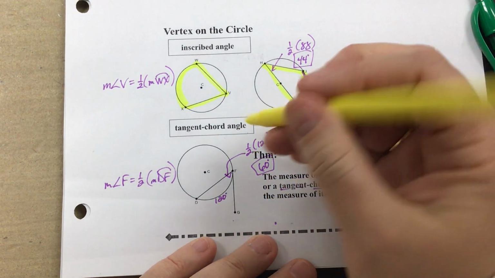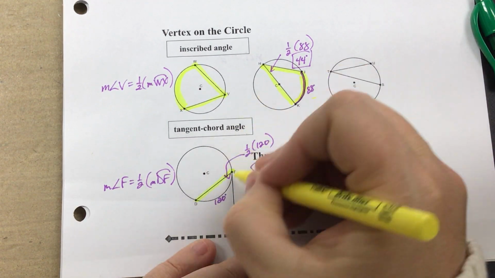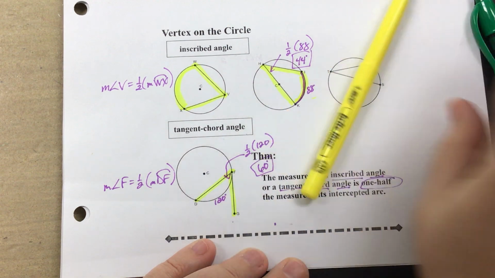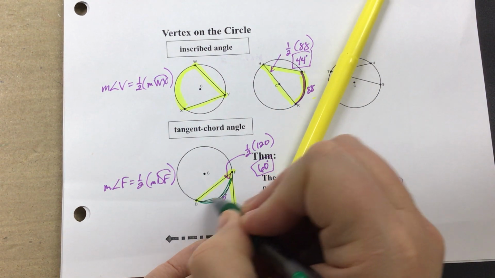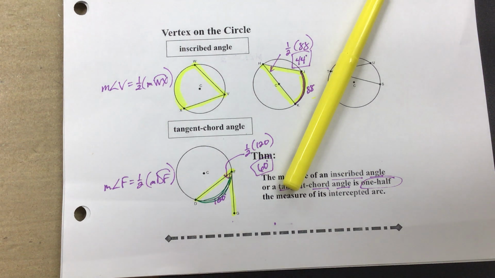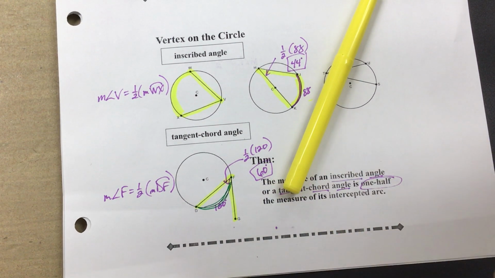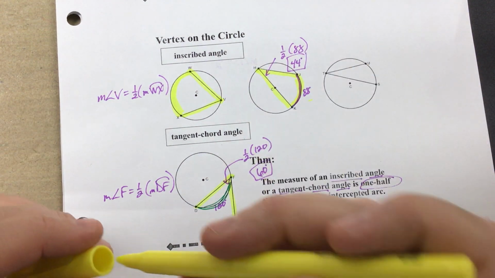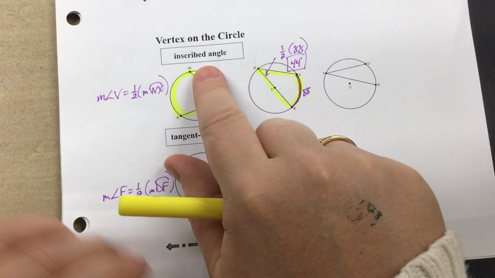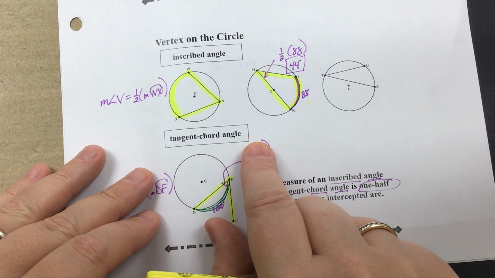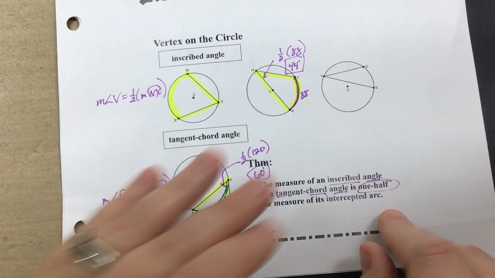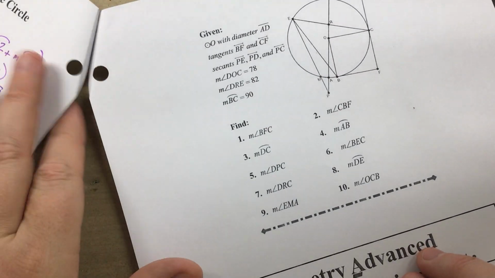In this situation, we have angle F. Again, think of it as a Pac-Man chomping on this arc. If the arc, like I put here, is 120 degrees, half of 120 would be 60. So if the vertex is on the circle, as it is in an inscribed angle or a tangent chord angle, it's just half the measure of the intercepted arc.